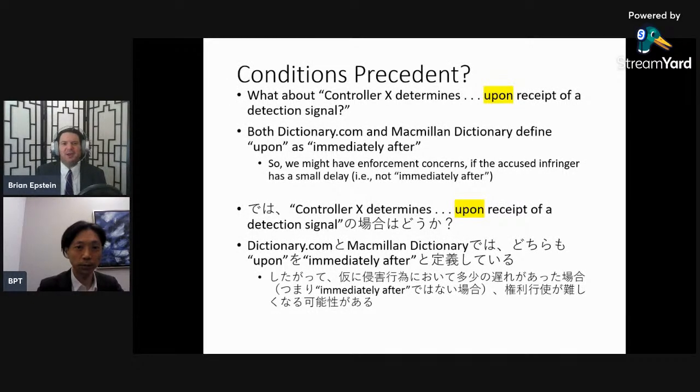So, okay, well, what about "controller X determines upon receipt of a detection signal"? This is a translation of suruto. I did some research recently, and both dictionary.com and Macmillan Dictionary define "upon" as "immediately after." Honestly, I'm pretty sure that "upon" was not always defined this way.